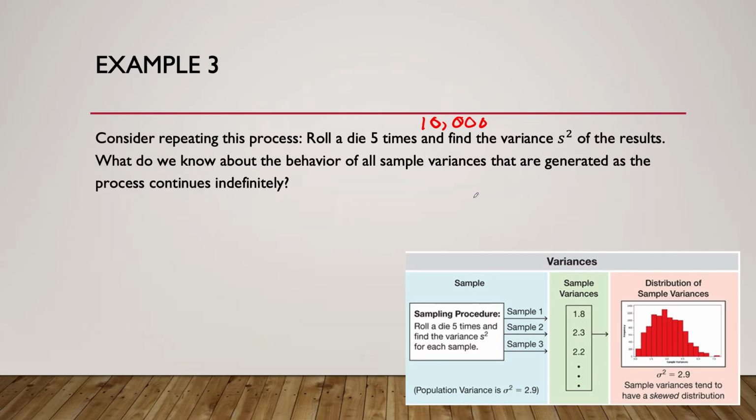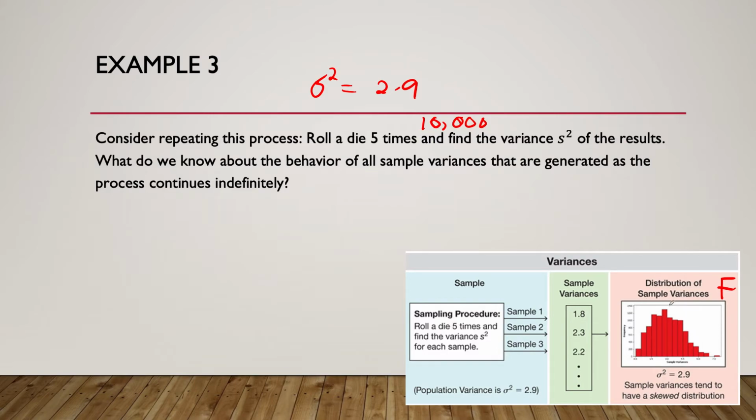If we were to find the variance of the values from the die of 1 through 6, the population variance would be 2.9 if we did that calculation out. Do this 10,000 times, so 10,000 samples, find 10,000 sample variances. We obtain a distribution that looks like this. Again, it's kind of like an F distribution, but not a perfect one.